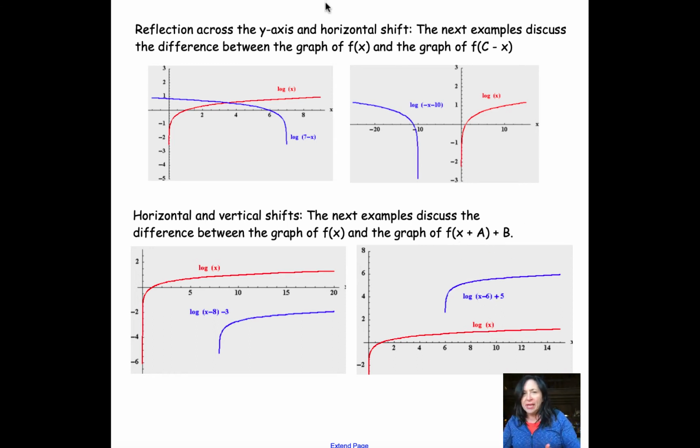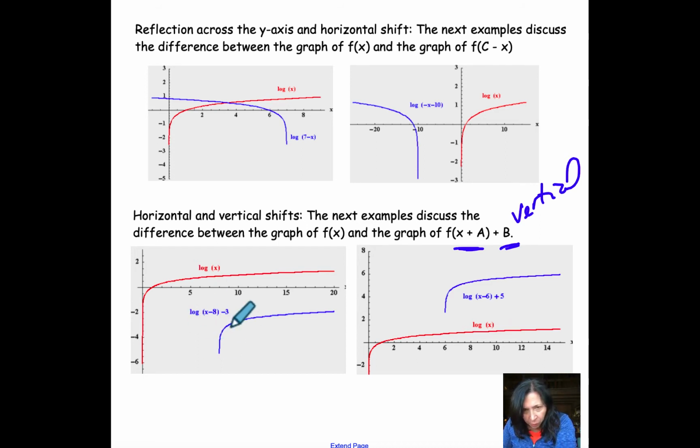The plus b, this value here, is the vertical shift. That's going to move it up or down, and this part here, whether it's plus or minus, is going to move it left or right. If it's a plus a, you're going to the left. If it's a minus a, you're going to the right, which is in the positive. So it's like the opposite of whatever way you're thinking you're going.